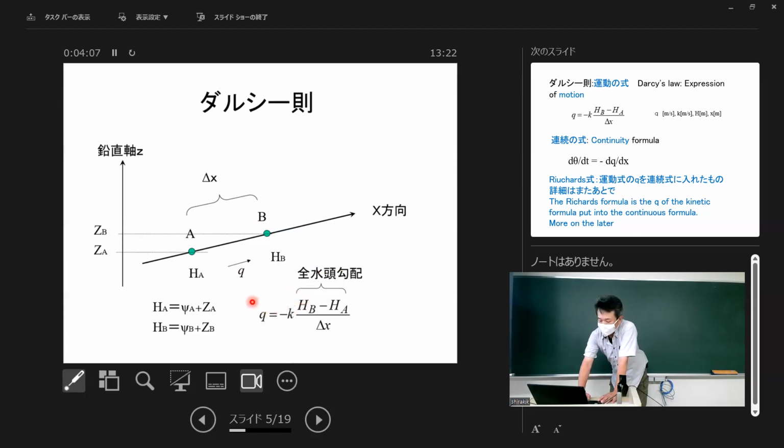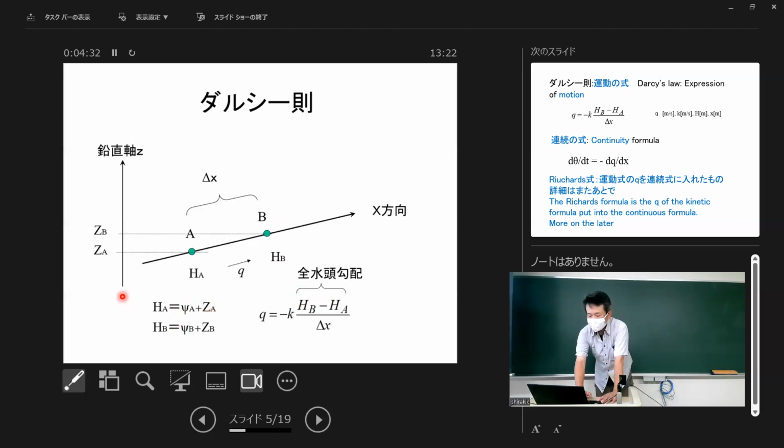The soil water will move from the higher total water head to the lower total water head. This is the Darcy equation. The total head, large H, means the pressure head plus gravity head, like this.